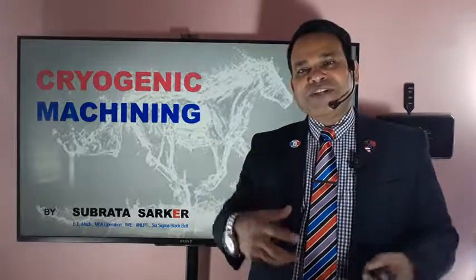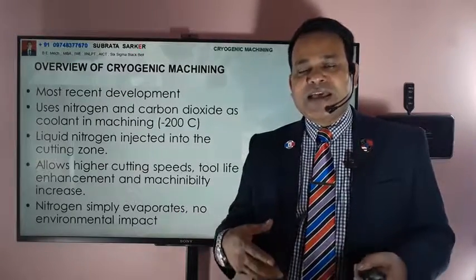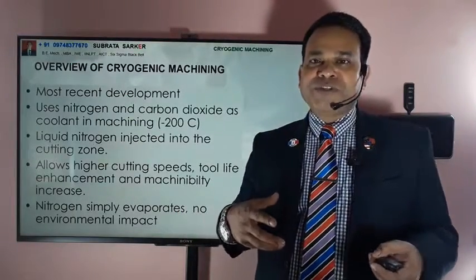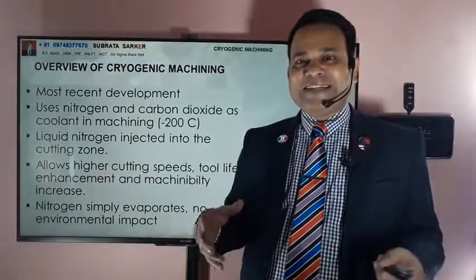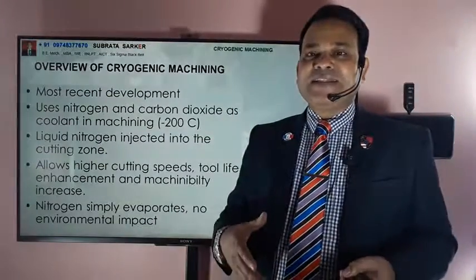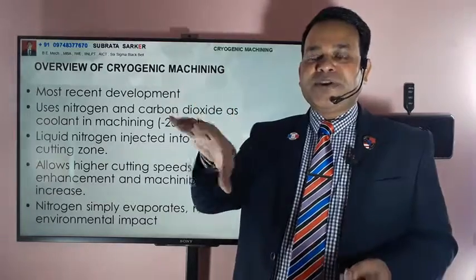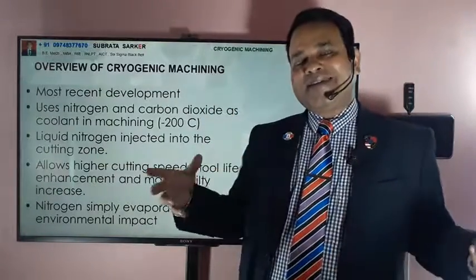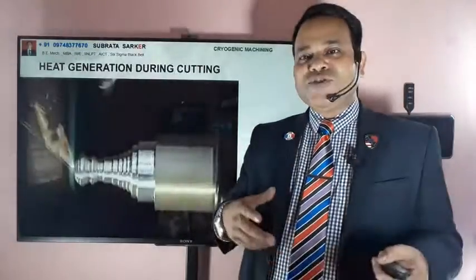Now, what is machining actually? This is for those who are not into the engineering industry. Say you want to remove some material to give a desired shape to a metallic material. Say a 100 millimeter diameter steel rod you want to cut into different shapes. This will be a machining process.